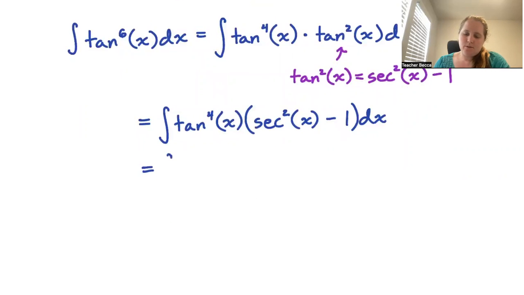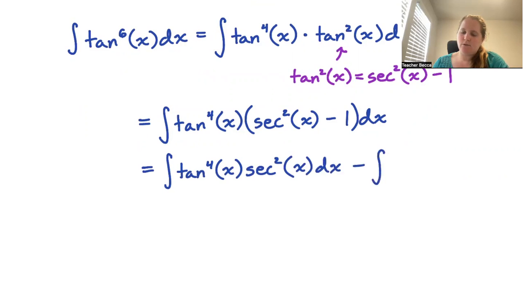This becomes the integral of tangent to the fourth of x times secant squared of x dx minus the integral of tangent to the fourth of x dx.